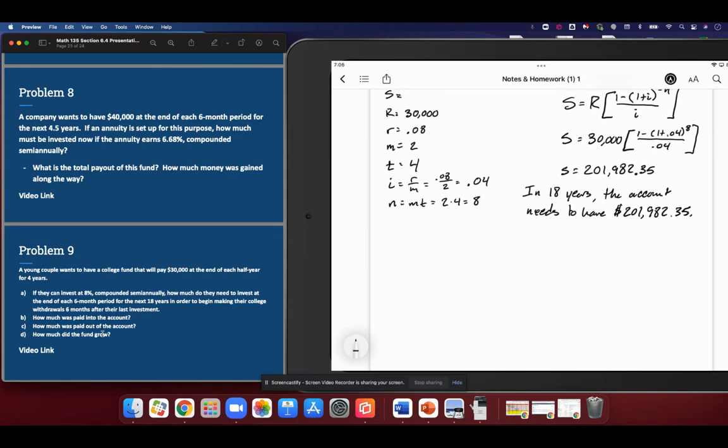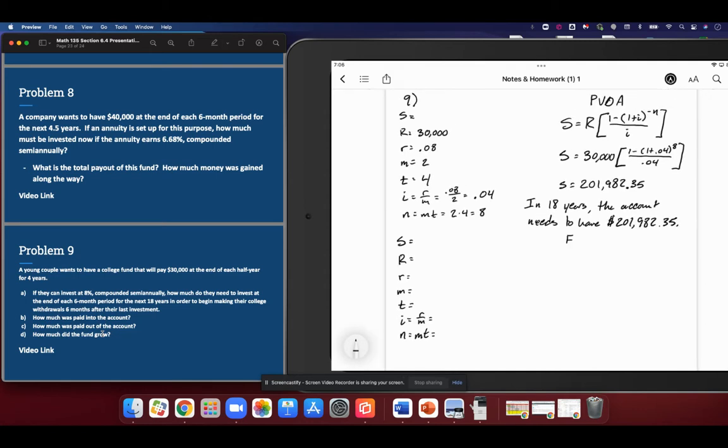But the next piece is going to be for us to figure out, how much does our monthly payment need to be in order to reach this goal? So for this, we need a future value of ordinary annuity.